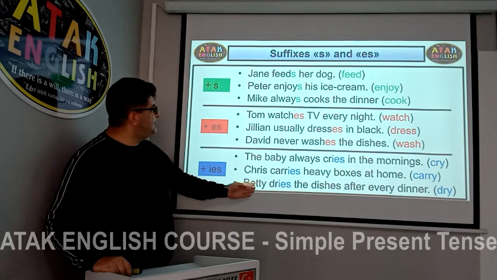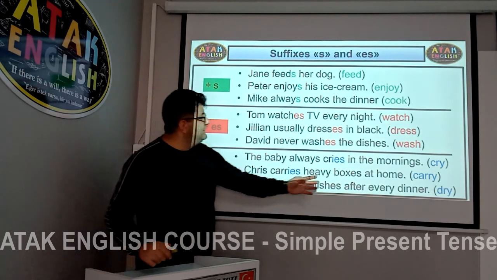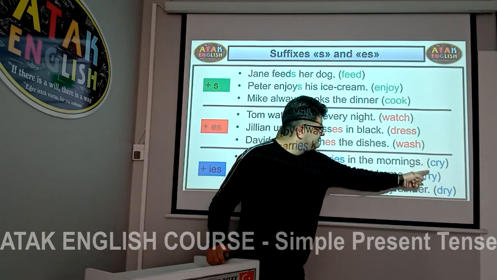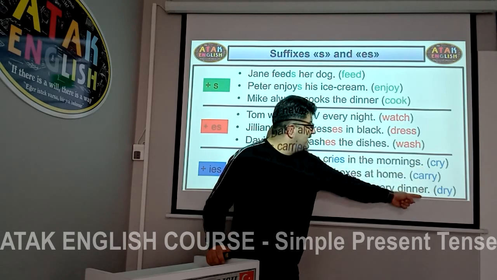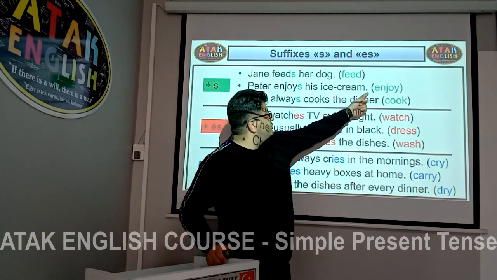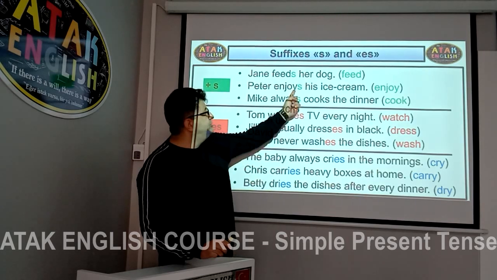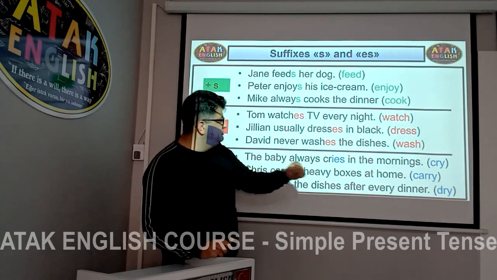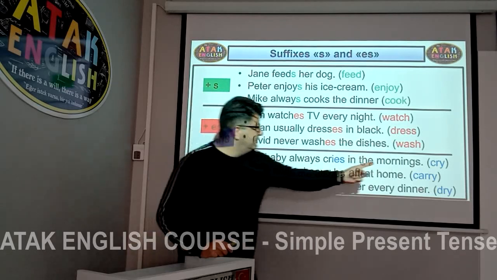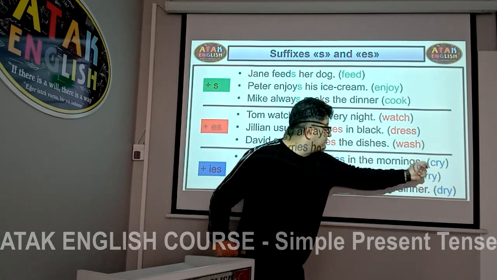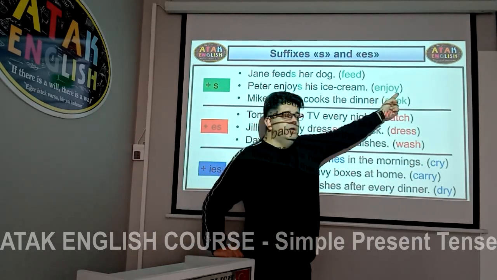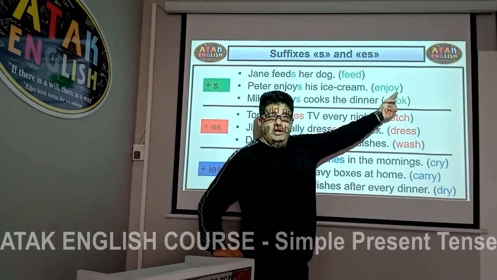Okay, what is the difference between these words that end with y? Here also there is enjoy. Why do I put s here and ies here for cry, that also ends with the letter y, like enjoy?